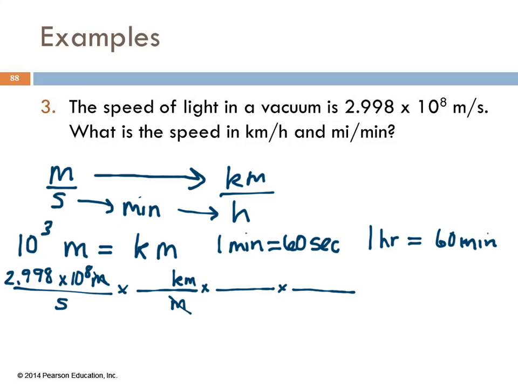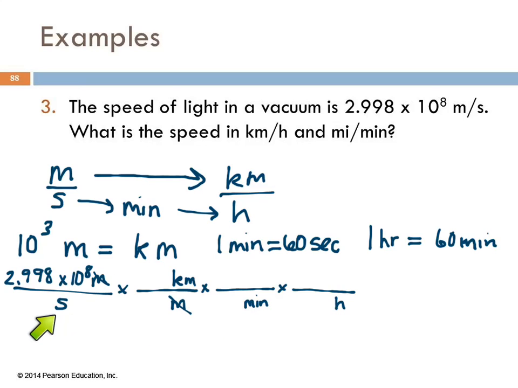Here I've got seconds, I'm ignoring this now, to minutes, to hours. Because the second started out in the denominator, my conversion factors for seconds are going to have the unit that's usually on the top, on the bottom instead.